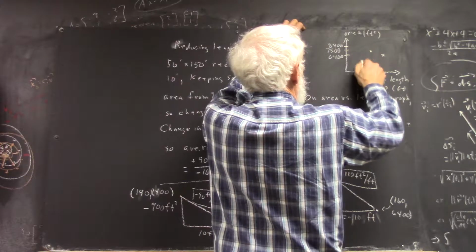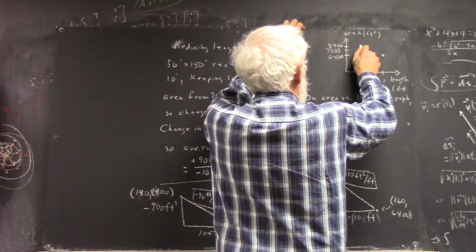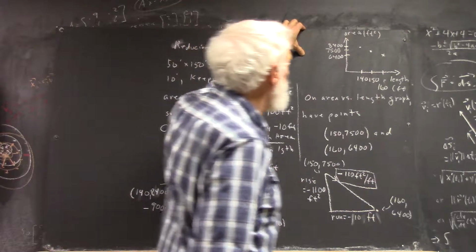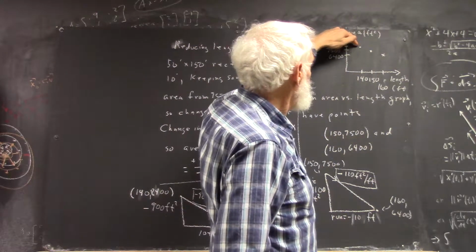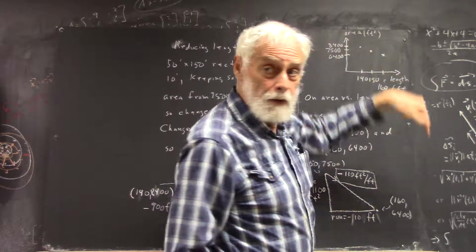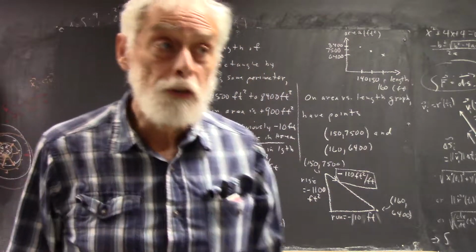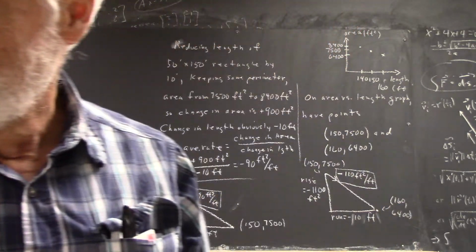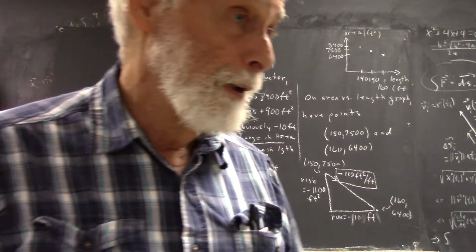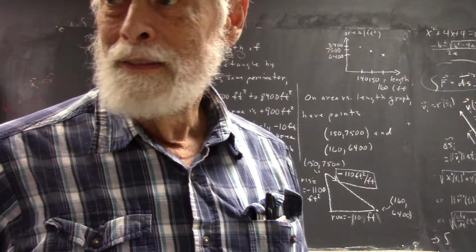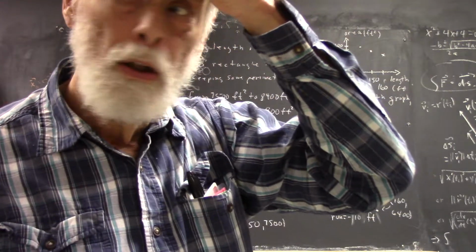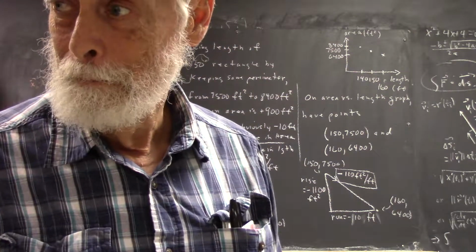Okay, so we're going to have a point here. Now, is the graph steeper from here to here or from here to here? Now, I don't mean does it look steeper, I mean is it steeper? Because I drew those points, I could be off. Like I think I've got that middle point a little bit low. Okay?